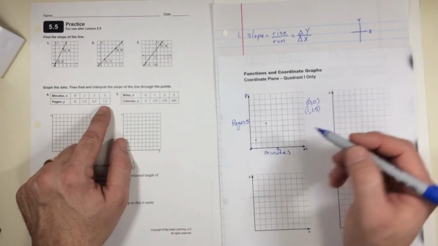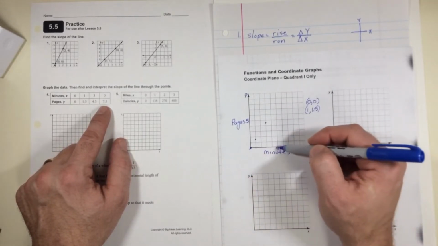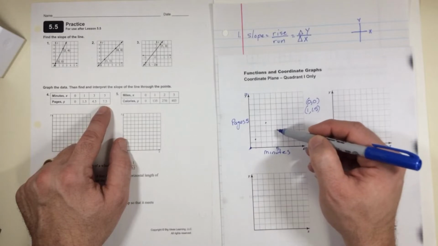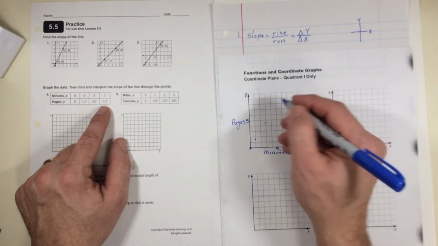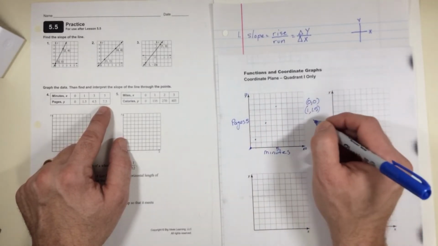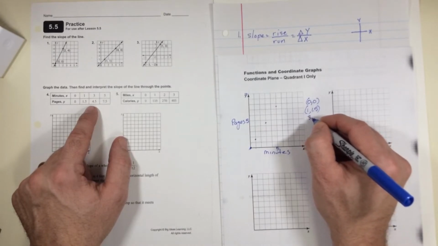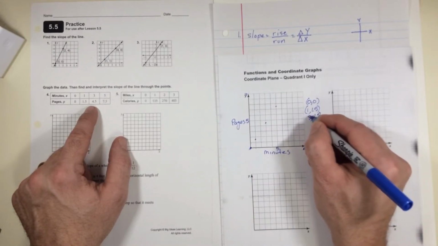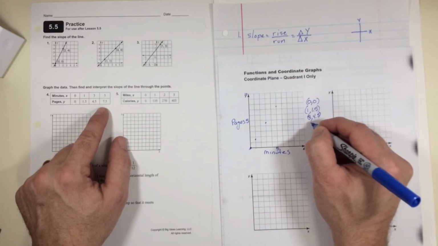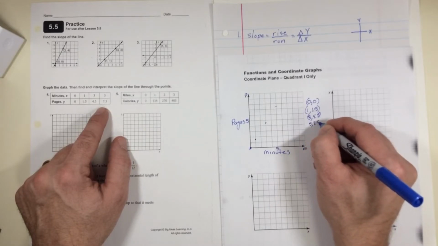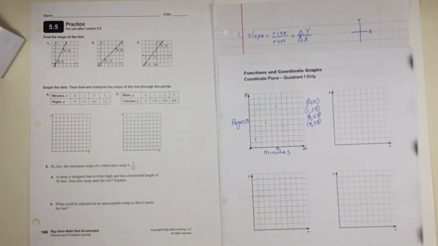And finally, 5, so over 5, and then up 7.5. 1, 2, 3, 4, 5, 6, 7, and 0.5. Oops, I didn't write those. 3, 4.5, 5, 7.5. Okay, there's my 4 points.